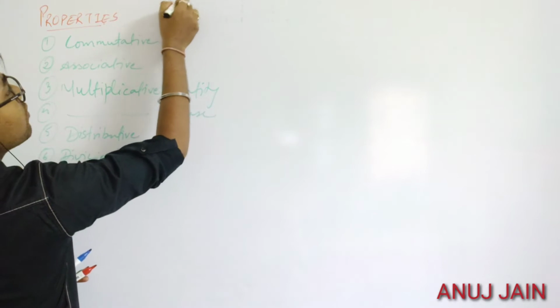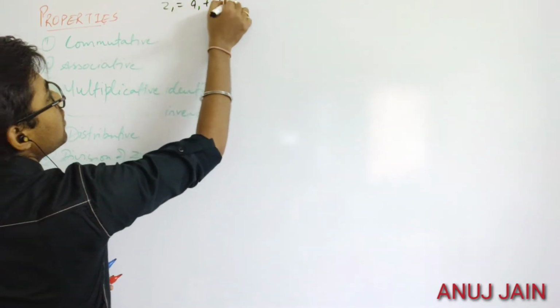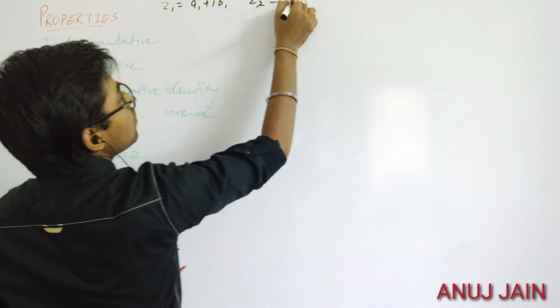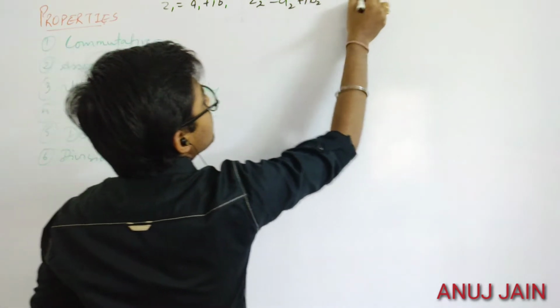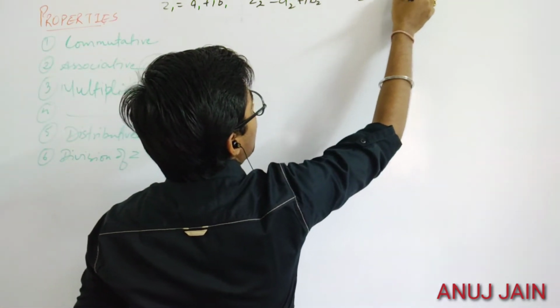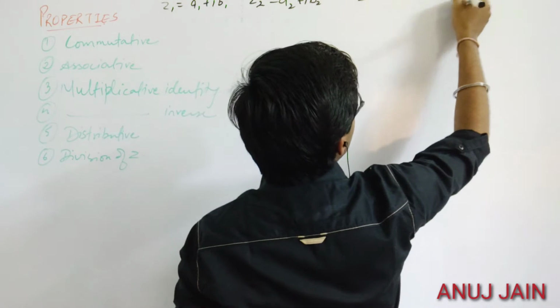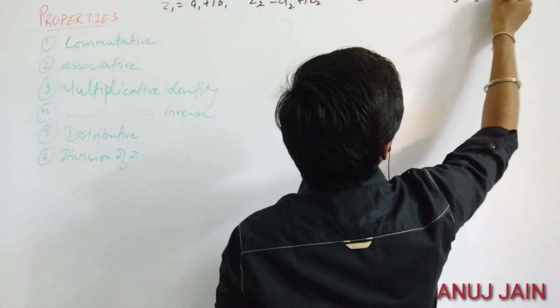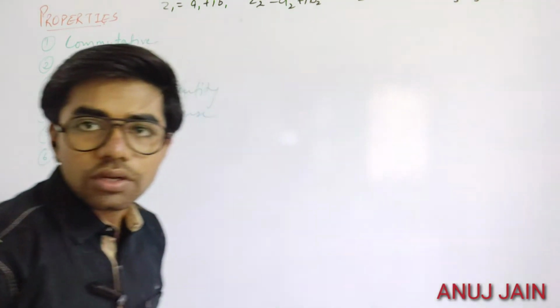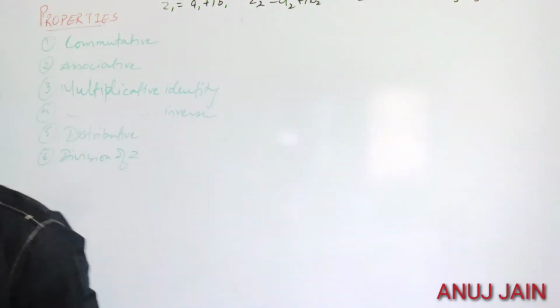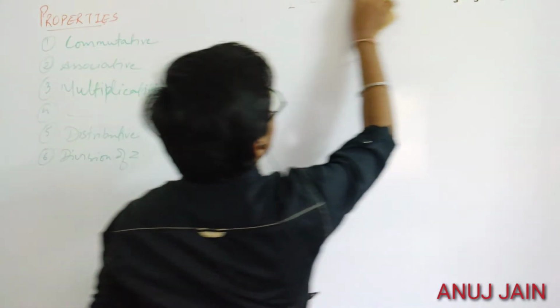So suppose Z1 is equal to A1 plus IB1, Z2 is equal to A2 plus IB2, and Z is equal to A plus IB, and Z3 is equal to A3 plus IB3. Sorry, you cannot see a word, so I'll write it down.